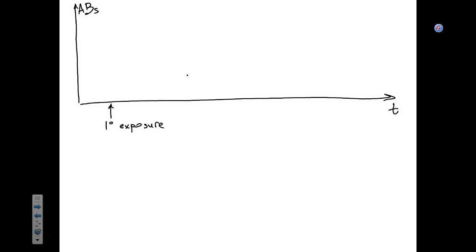This is going to be the secondary exposure. After primary exposure, it takes some time to produce IgM first. It takes even more time to produce more IgG. Does that make sense? Remember, it's not to scale.